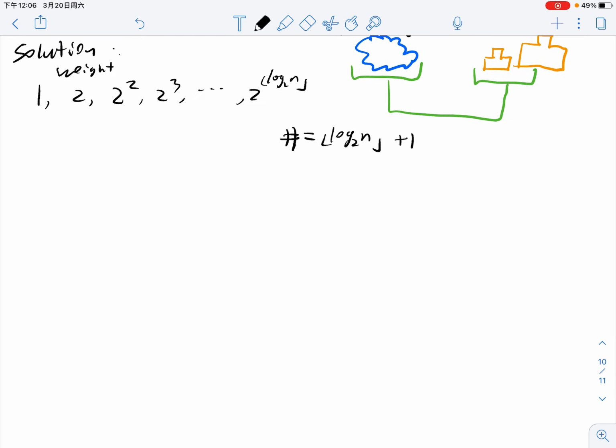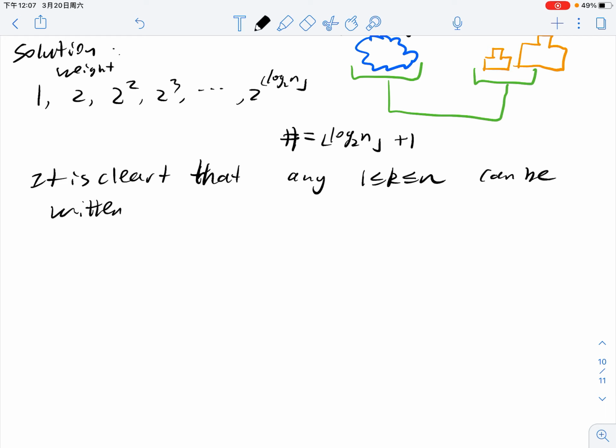And it is clear that any k between 1 and n can be written as the sum over k from 0 to floor of log base 2 of n of a_k times 2 to the k's power, where a_k is 0 or 1. 0 means you don't choose that weight. 1 means you put that weight on the right hand side.